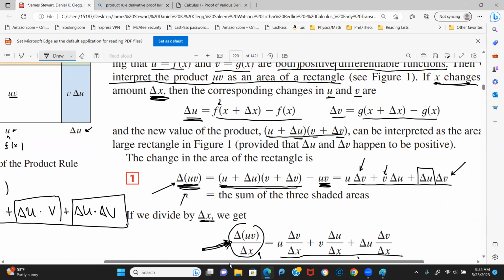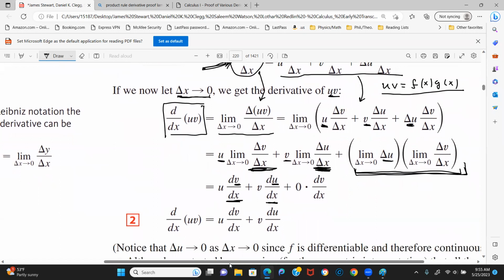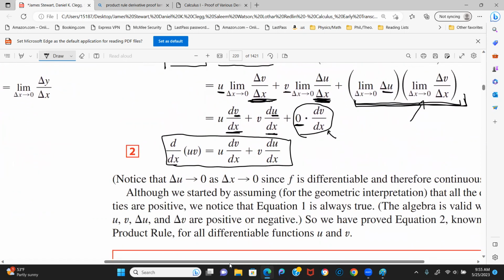So if you let delta x go to zero, that's the same thing as just replacing delta x by zero. So you would have f of x minus f of x, which is zero. So that's why you get zero, and then times the derivative here, this piece right here. But this whole term will just be zero, and you're left with this right here.